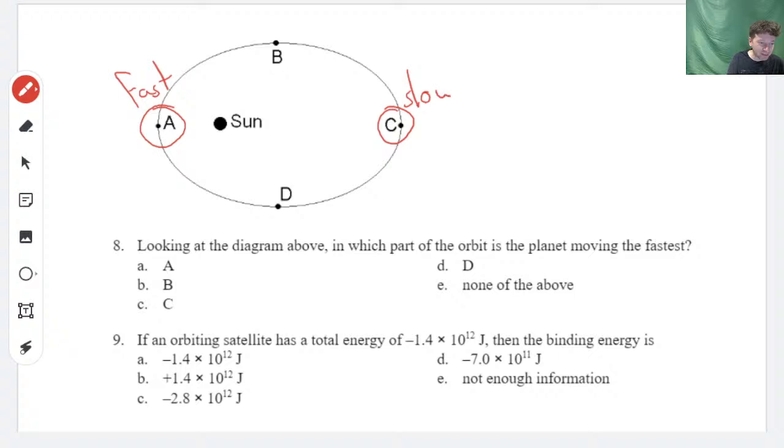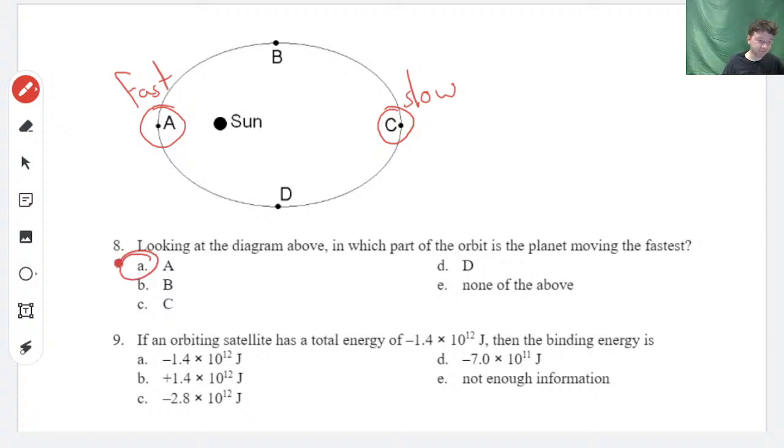This is why objects with very eccentric orbits, like comets that go all the way out to the Kuiper belt, we don't see them again for hundreds of years. So us wouldn't, but our descendants would, because when they go all the way out to the Kuiper belt, they're moving very slowly. They're not going to come back for a very, very long time. So where is it moving fastest? A.